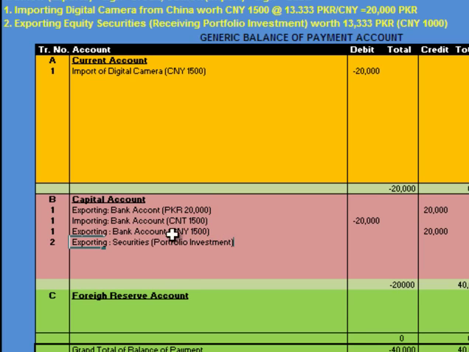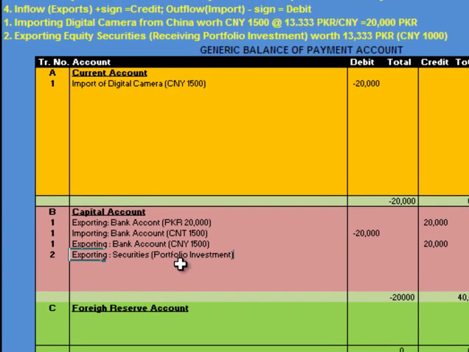And now you are exporting securities, therefore exports are recorded with positive sign and are recorded as credit. Therefore exporting equity securities or receiving this portfolio investment would be recorded here as credit, and 13,333.